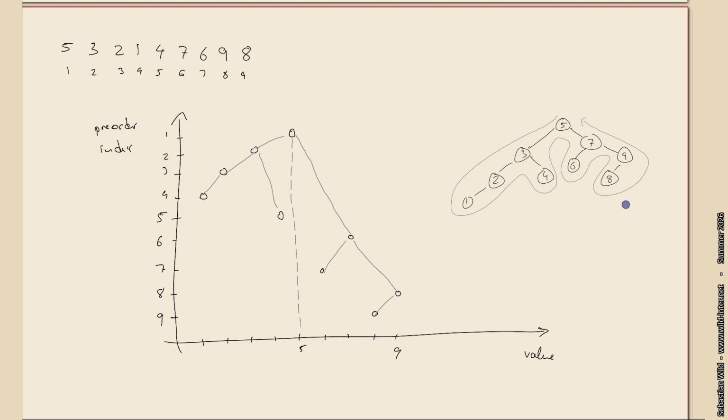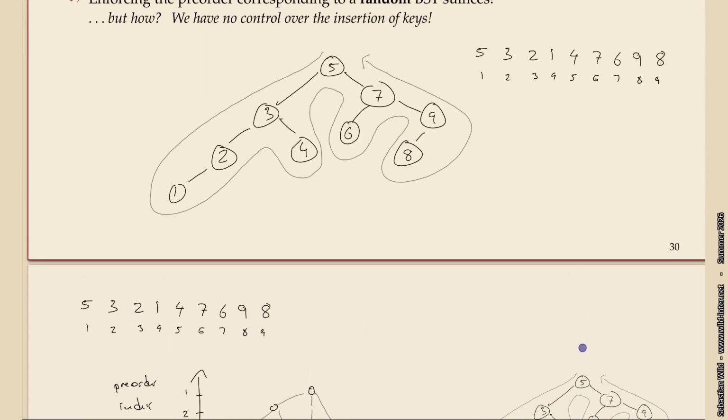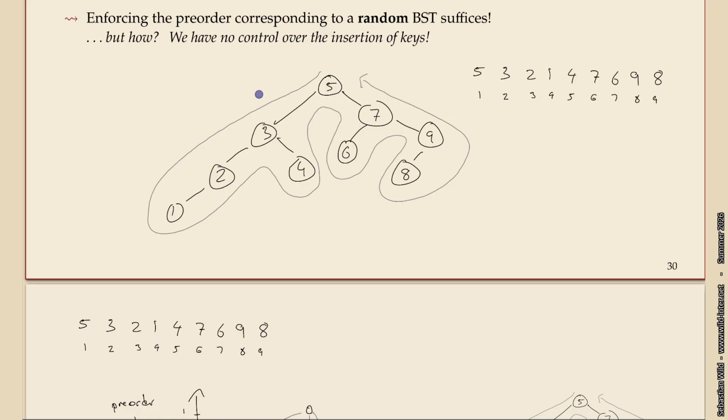Okay, now what is special about these pre-order index numbers? Or let me ask another way, what do we need to do to get this tree in the shape of a random binary search tree? Well, we need to make sure the pre-order is as in a random binary search tree.